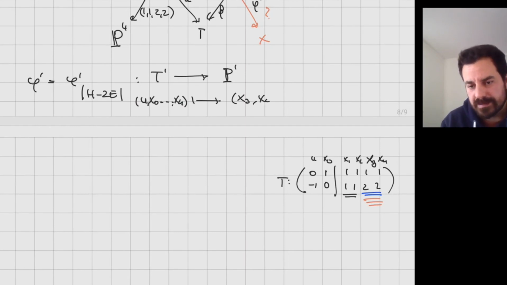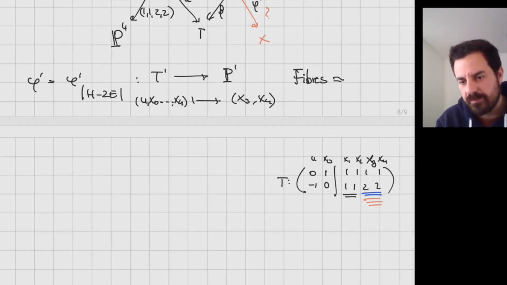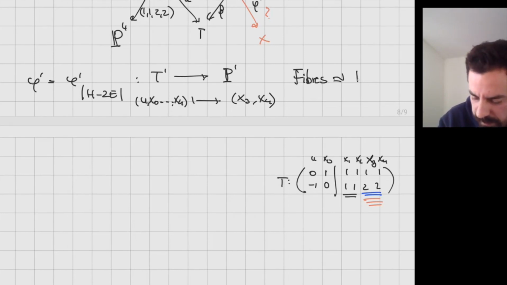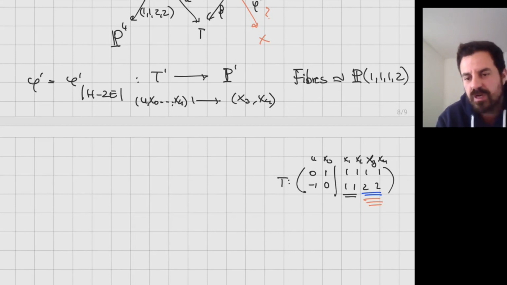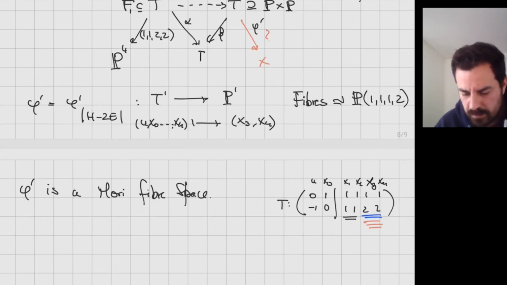Okay, so this is exactly a Mori fiber space. This is a fibration, and the fibers, I'm not going to do it, but you can check that the fibers are isomorphic to P(1,1,1,2). So these are Fano varieties. So in particular, this is a Mori fiber space. So fine.